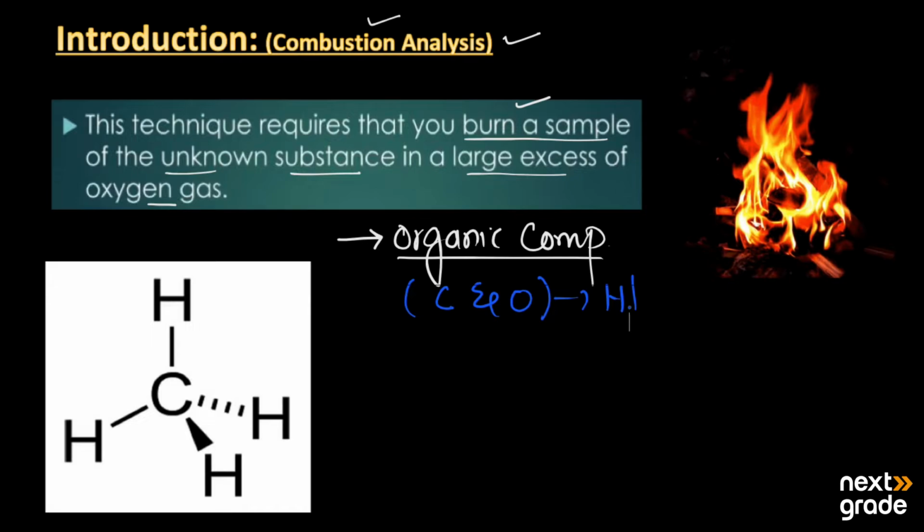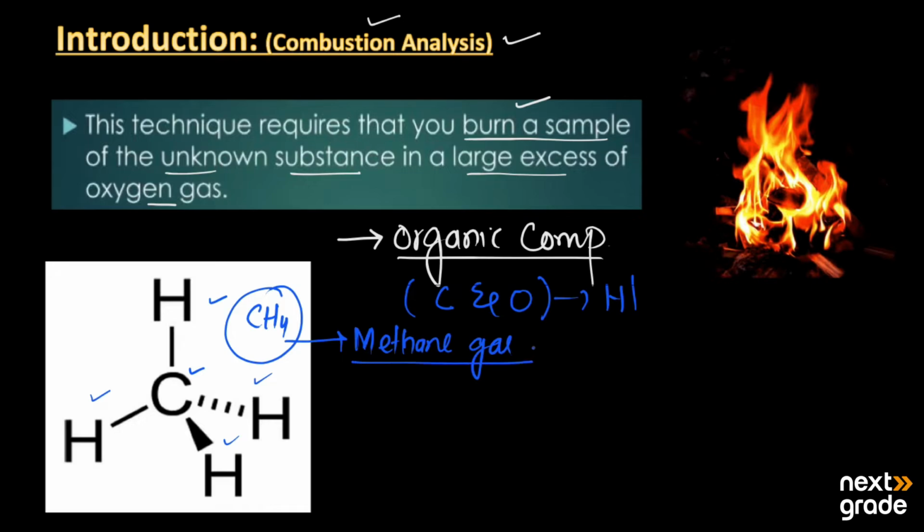Here we have an example of an organic compound in which we have carbon and four hydrogen atoms attached to it. Basically, this is the formula of methane gas, CH4. It has carbon and hydrogen, so it's an organic compound.